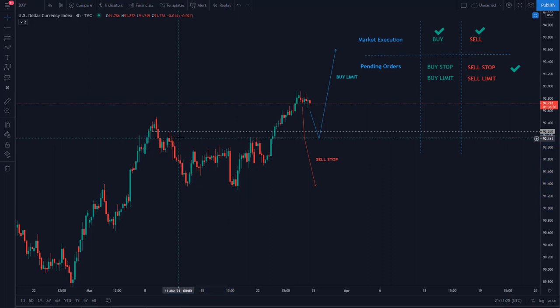Okay, just do this again. All right. So this would be a sell limit. Basically the market is moving up to a higher price for more value and then selling off in our direction.